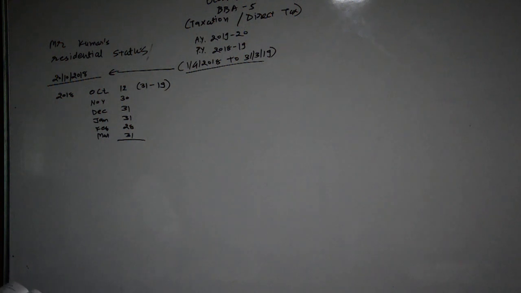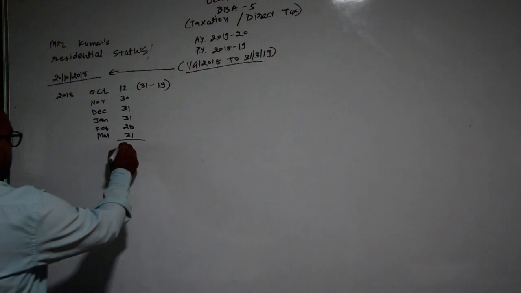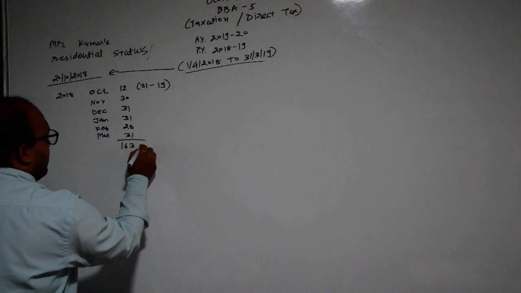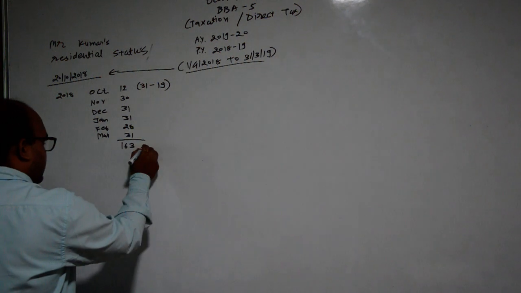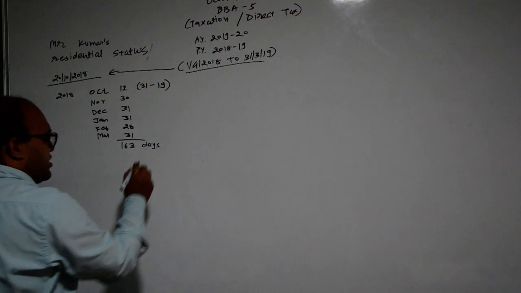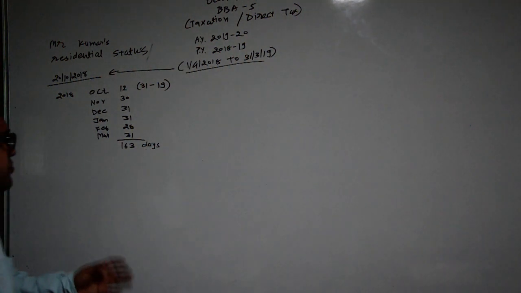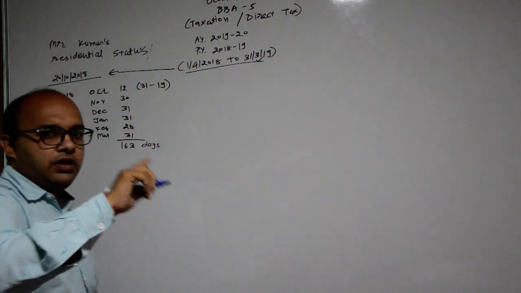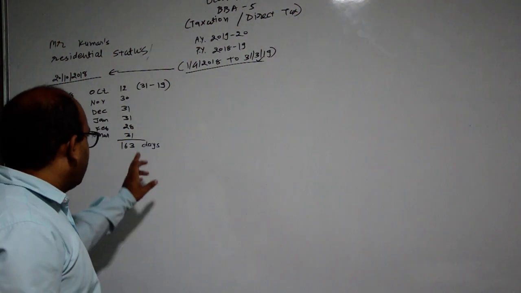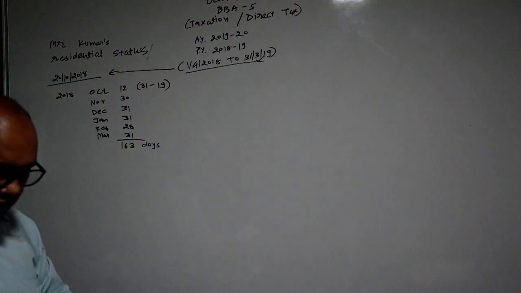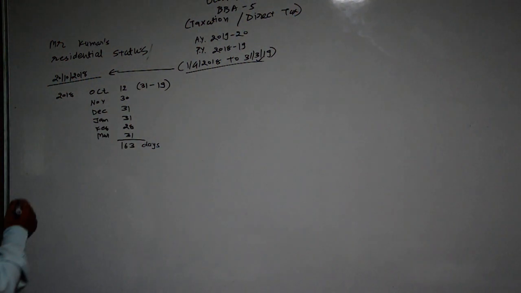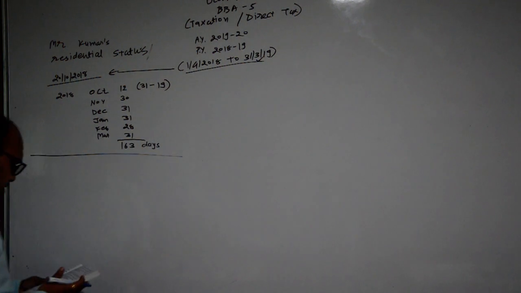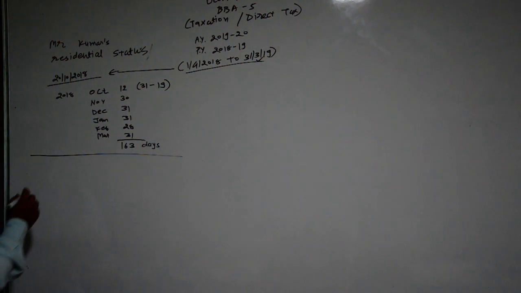It means 163 days. He stayed in India for 163 days, because the departure date is not given, so we are assuming that up to 31st March he is in India. So 163 days he stayed in India.